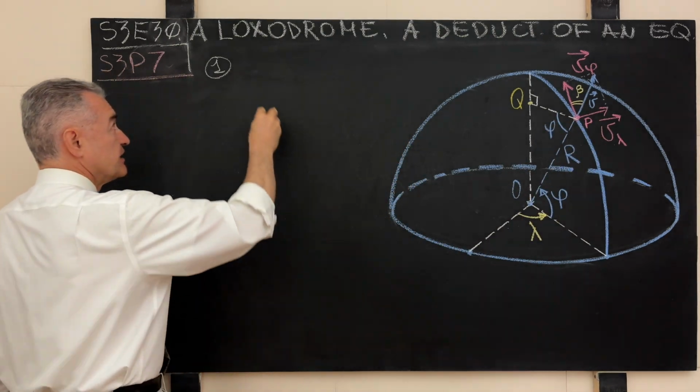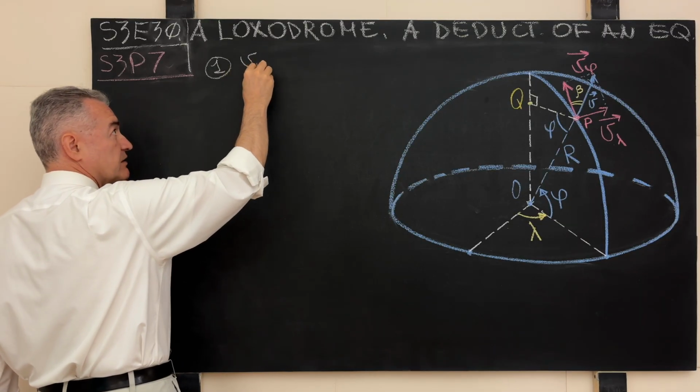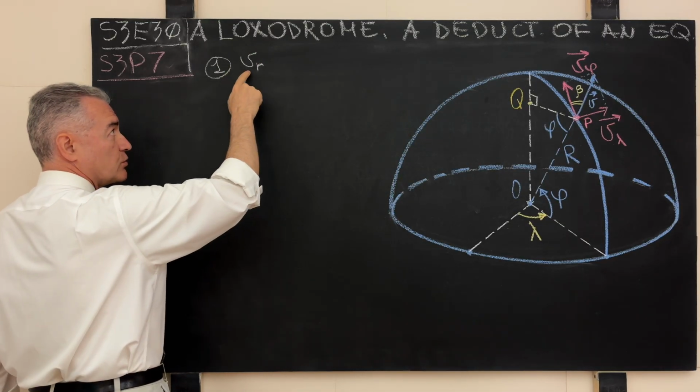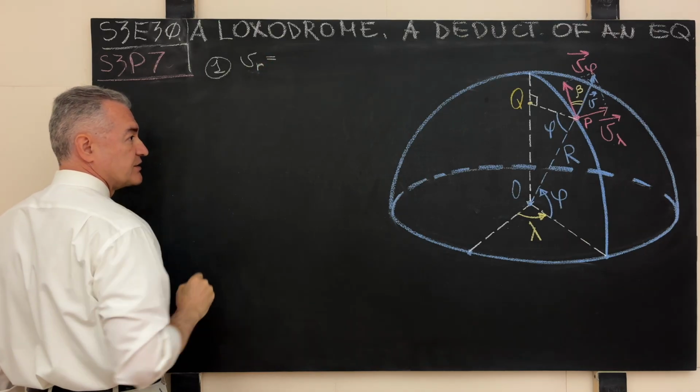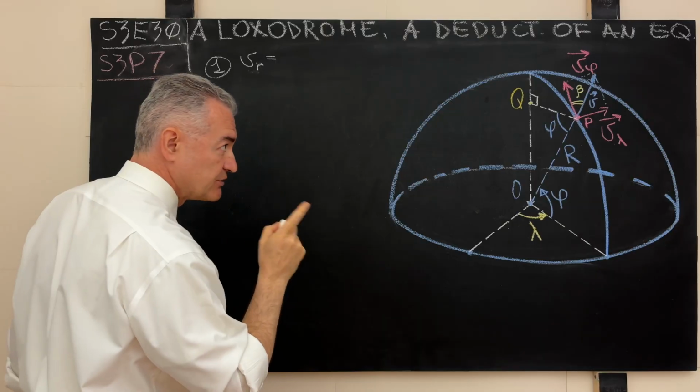That means that the radial velocity, which I will designate with the VR, remains constant, and it remains 0 at all times.